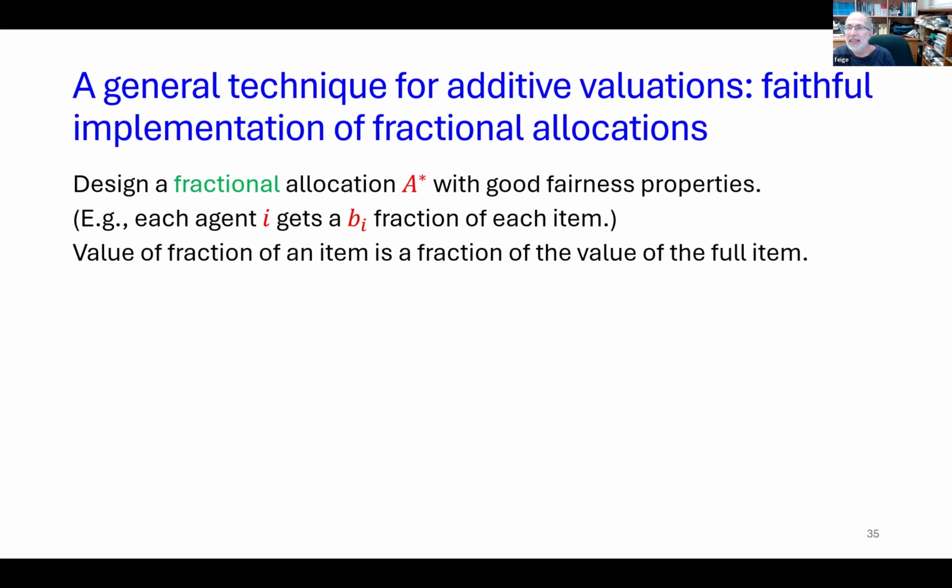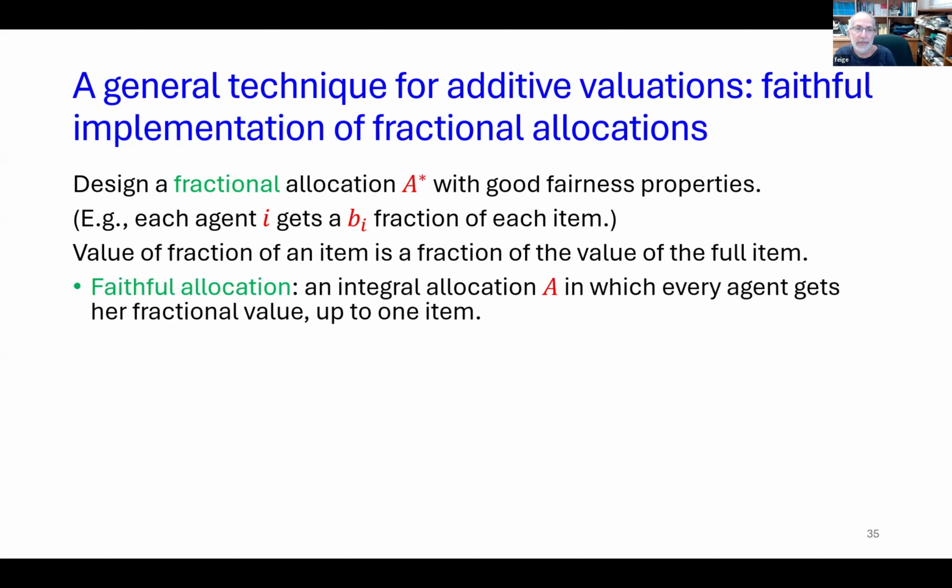If you get, let's say, 1/3 of an item, it's as if you got 1/3 of the value of the item. So we find a fractional allocation with good fairness properties. If we look at the value of this allocation to the agents, it's good according to our fairness criteria. Let's say it gives the maximin share or whatever.